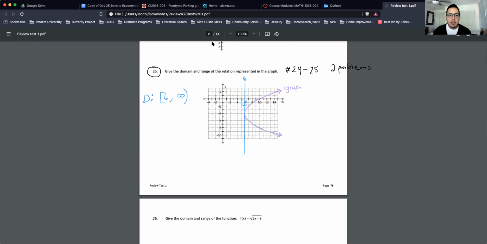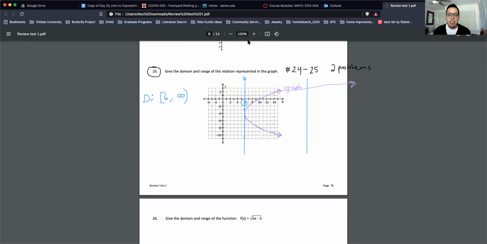Now, if I wanted to get a rightmost boundary, that is the right side of this graph, well, it looks like the graph is going to continue going in this direction forever. So it's never going to stop.